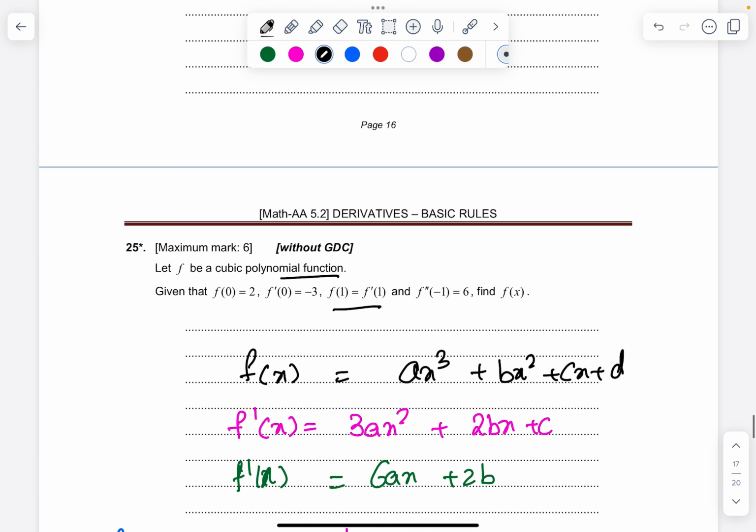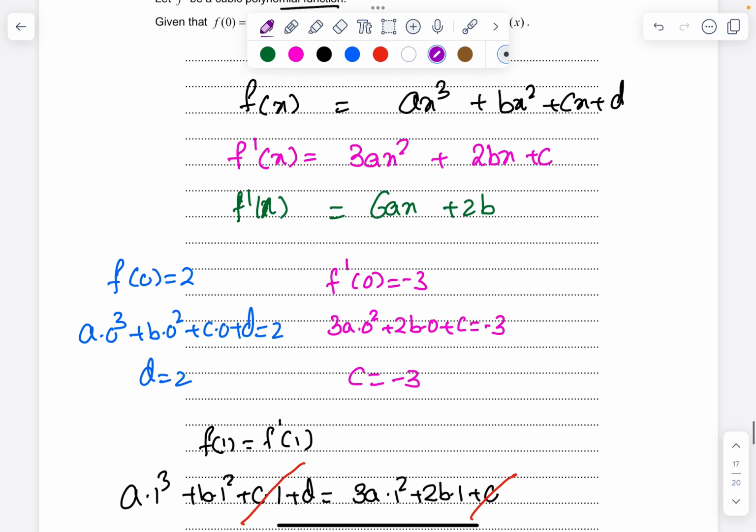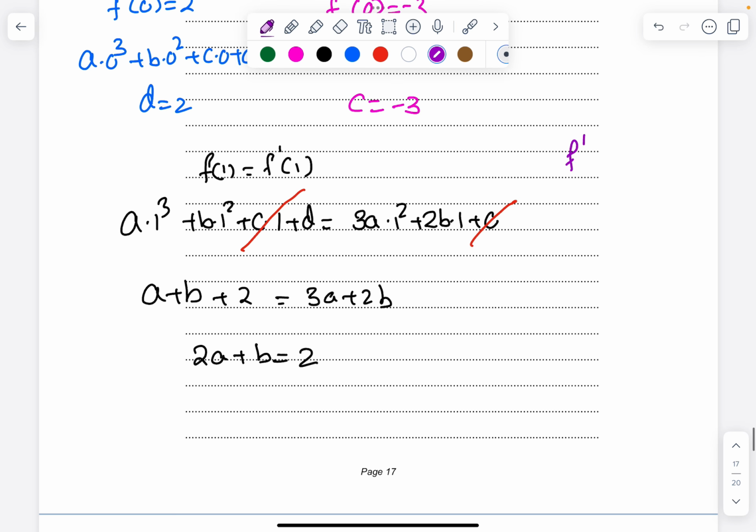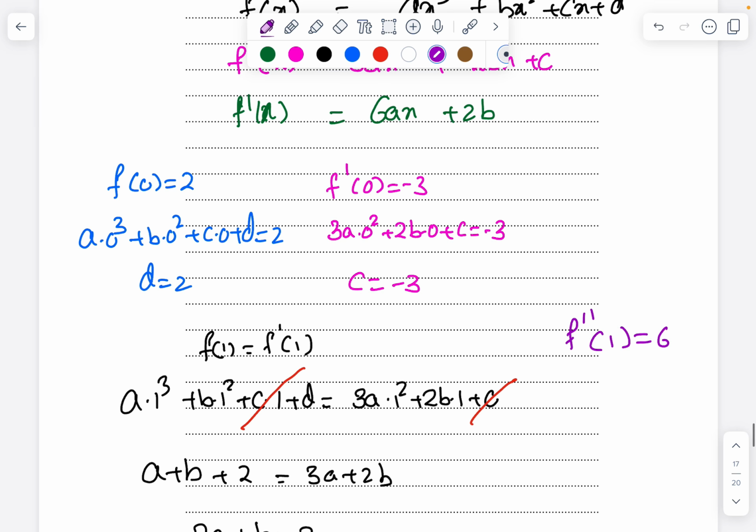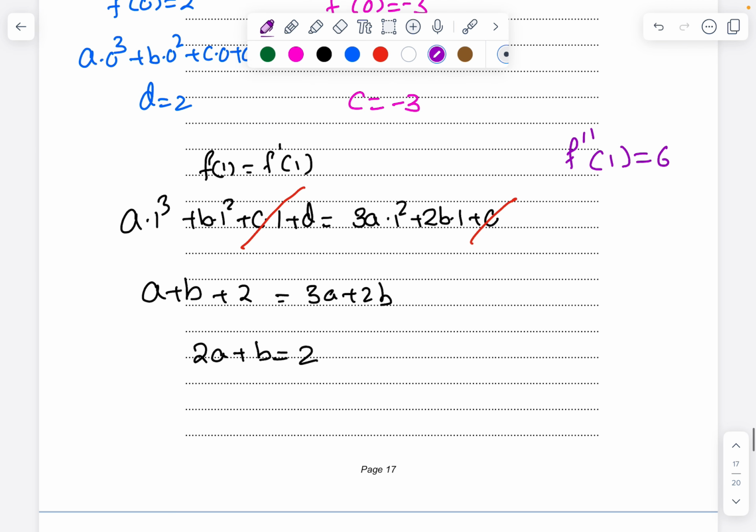And finally, what else has been given over here? f double prime of 1 equals 6. So f double prime is 6a times 1 plus 2b. 6a times 1 plus 2b equals 6. So 3a plus b equals 3.